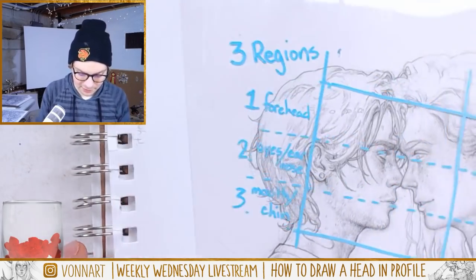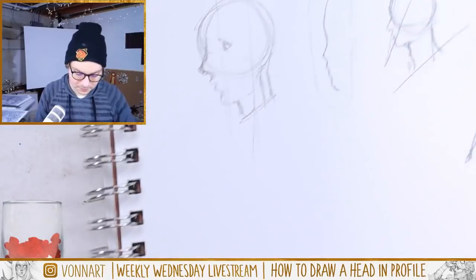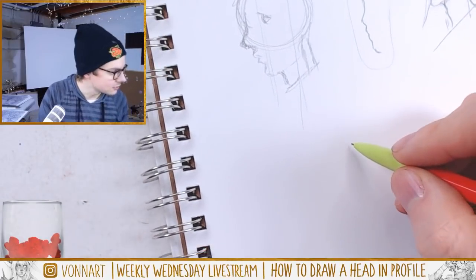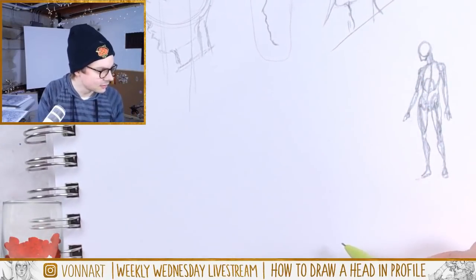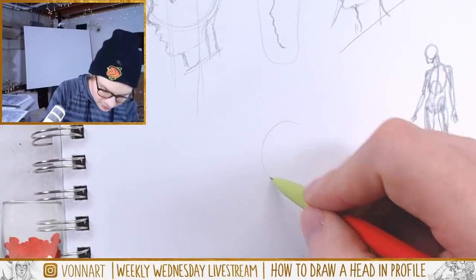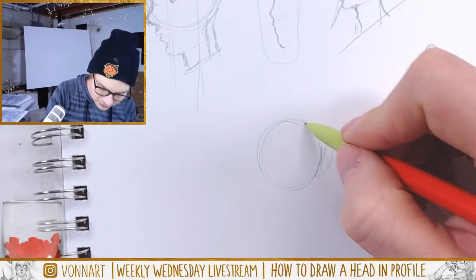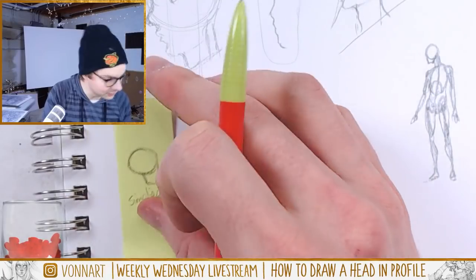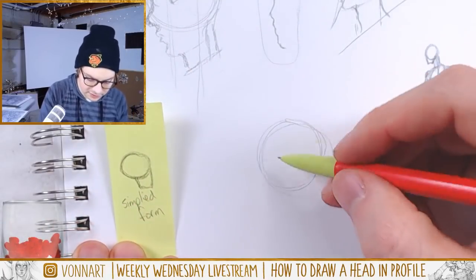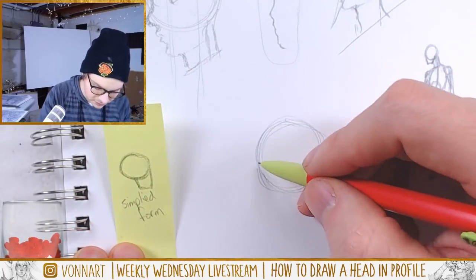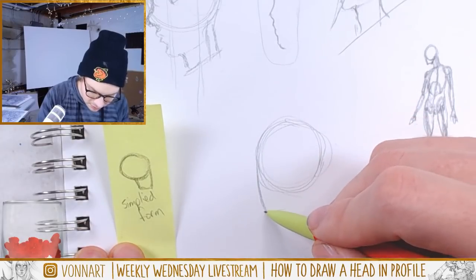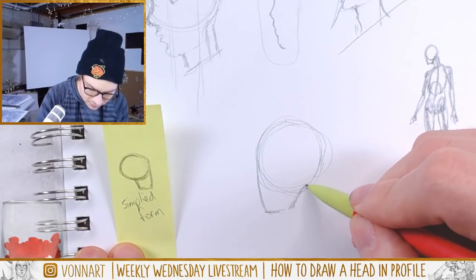So if I was to do a quick drawing of that, let's go ahead. Can you guys see this? Okay. So when I'm drawing my head, talking about that simplified form first with the skull that we created. Like that.